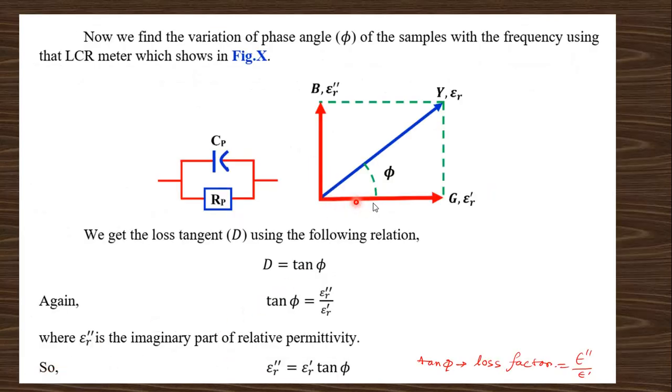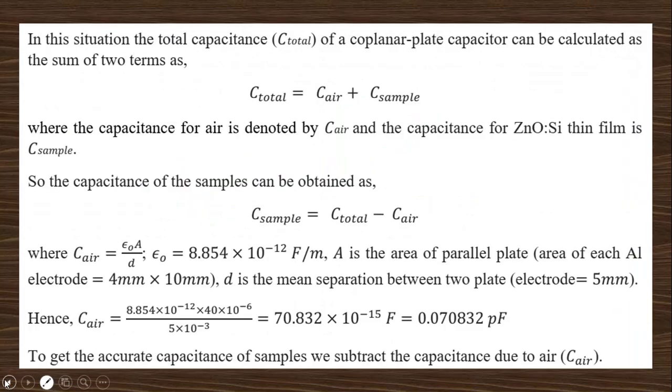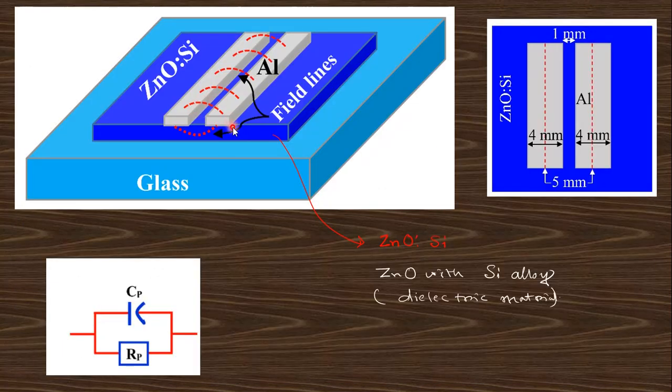And from this relative permittivity you also get the imaginary part, and you can see G conductance, B susceptance, Y admittance, and so on. These are related to each other, and from this figure you can see the imaginary part is related to the real part. Clear? So this is the real relative permittivity, and this is the imaginary relative permittivity. They are related to the loss factor tan delta from this phase diagram. Clear?